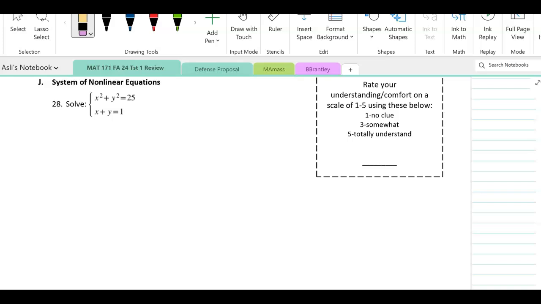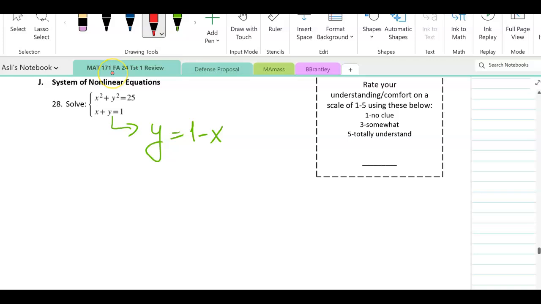There are no set methods of substitution or elimination. You will try to see which one is working pragmatically fastest and safest. For instance, here I can see that I can leave y alone, so y will be equal to 1 minus x.